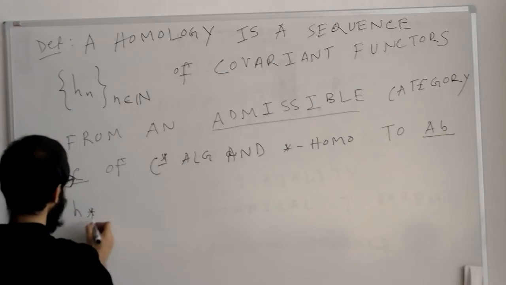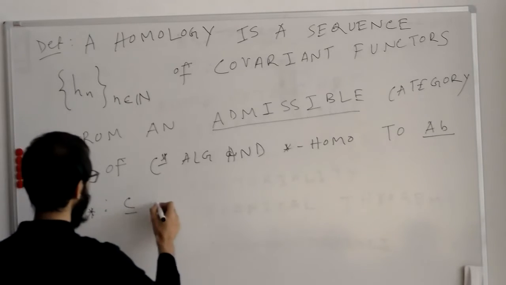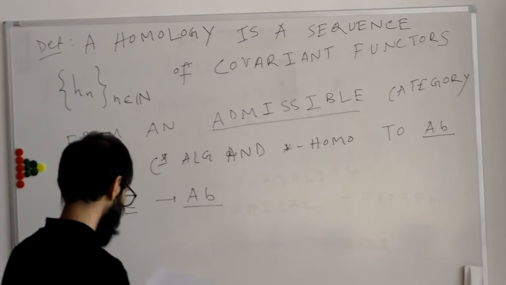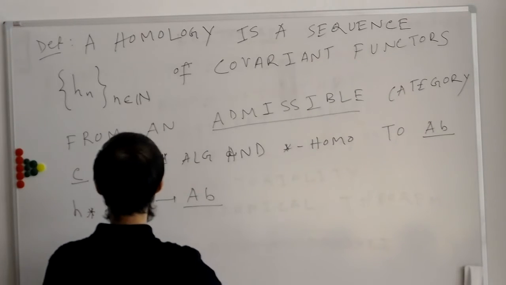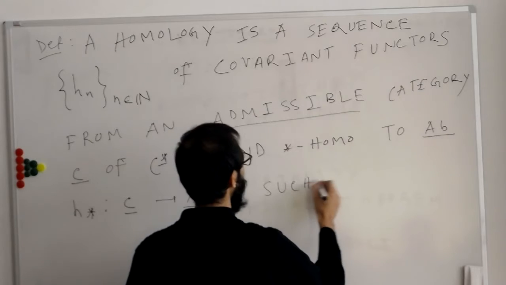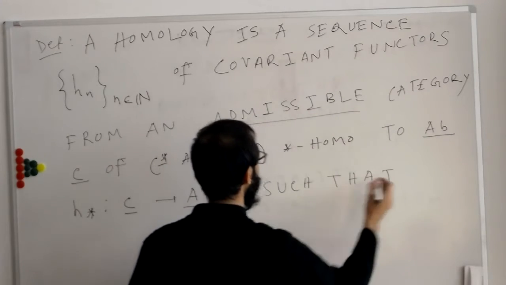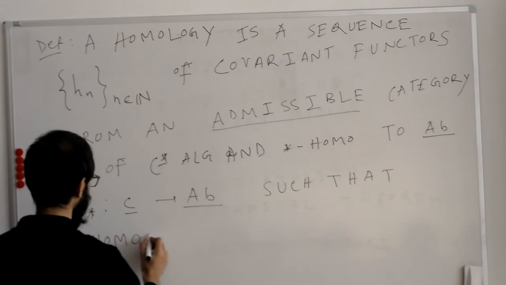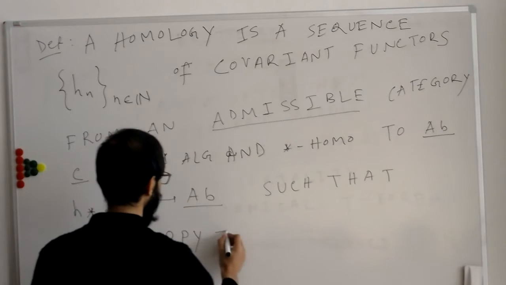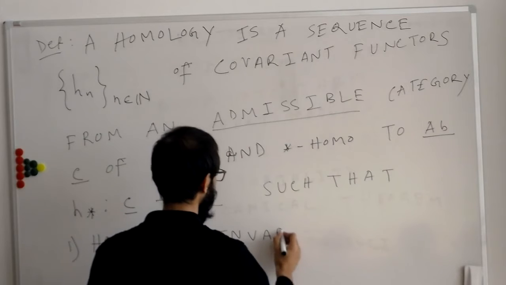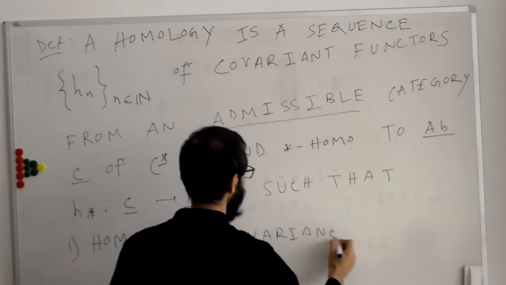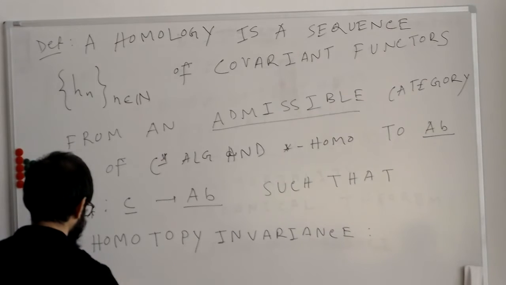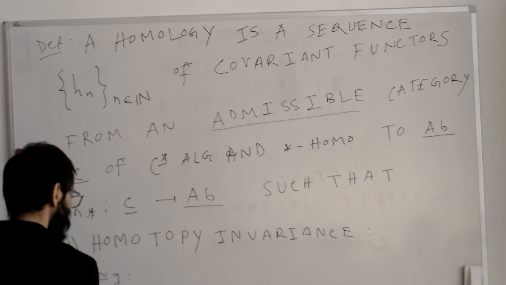So here the star is the general index. It's a function from C to the category of abelian groups, such that one: it is homotopy invariant.